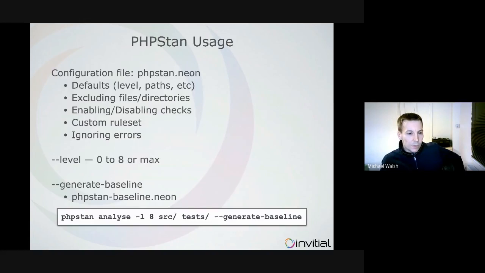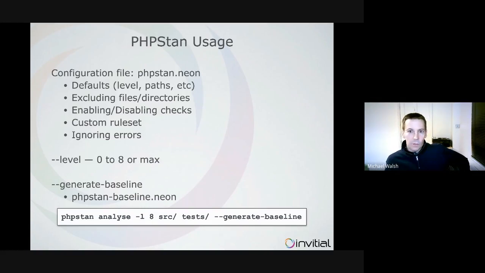All of this stuff can be configured in a configuration file. So the standard configuration file is phpstan.neon, but it can also be .neon.dist. And in there, you can set your defaults. So you can say, I always want to run at level 8 or 4. I always want to analyze source and a test folder. You can also do things like excluding directories.